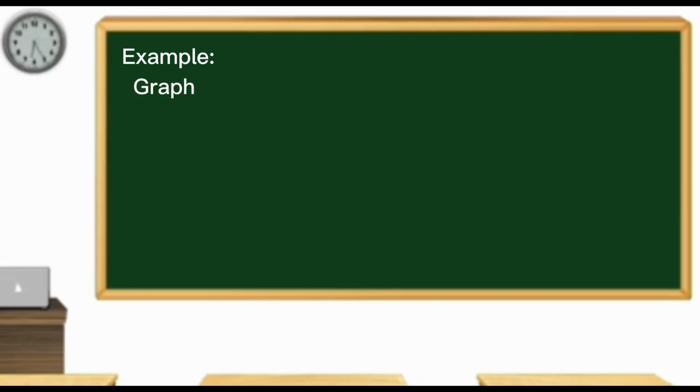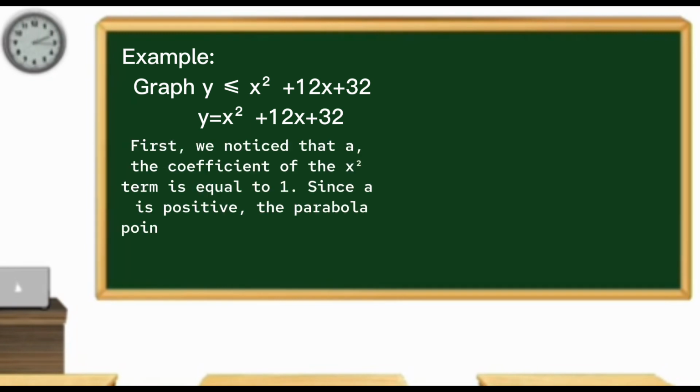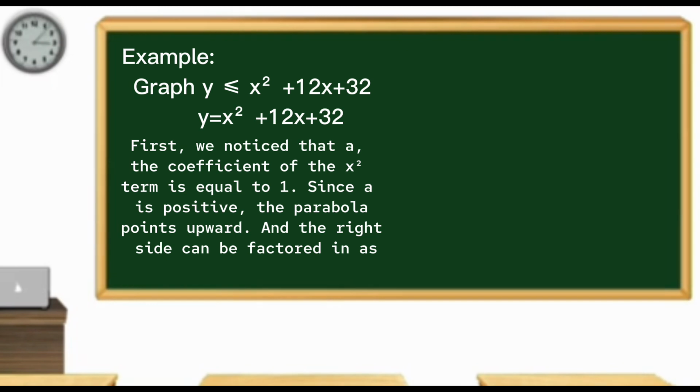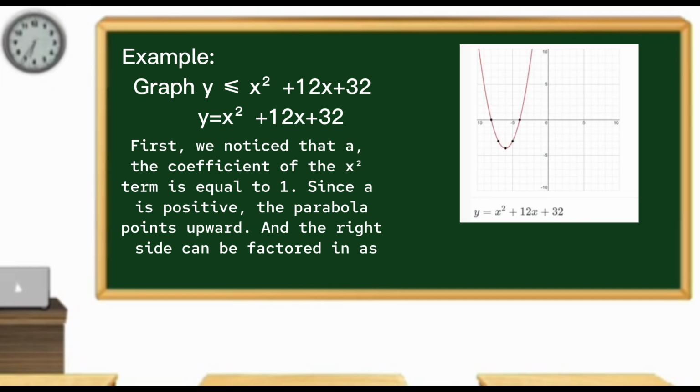Example: graph y is less than or equal to x squared plus 12x plus 32. The related equation is y equals x squared plus 12x plus 32. First, we notice that a, the coefficient of the x squared term, is equal to 1. Since a is positive, the parabola points upward.